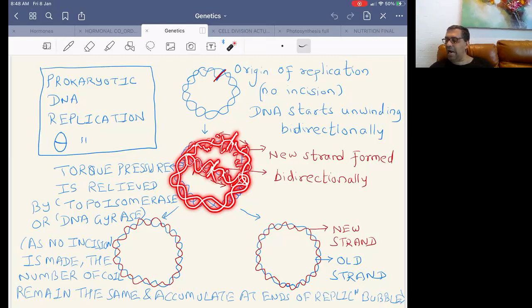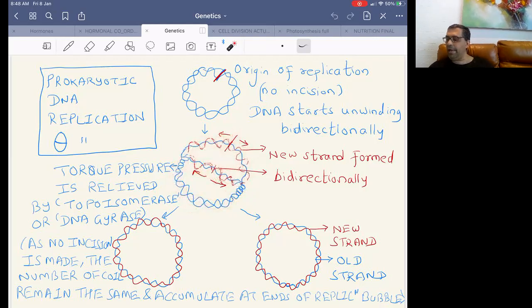So, old strand को मिलेगा, ये है old strand, and old strand को मिलेंगे new nucleotides. सो व्हाट आर वी हैविंग? फॉर्मेशन ऑफ अ डॉटर डीएनए where there is old strand with new nucleotides happening bidirectionally, and even in this strand, this is your old strand, and old strand के ऊपर bidirectionally you have new nucleotides.